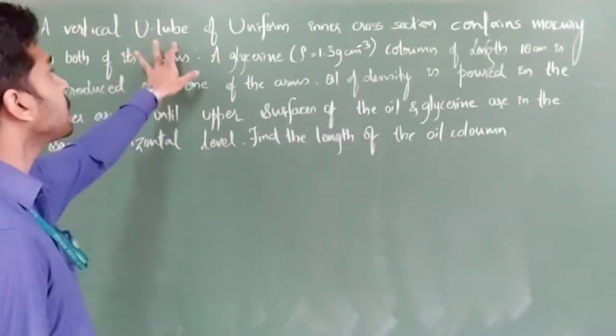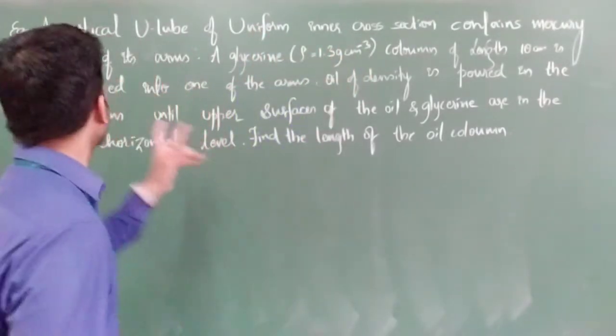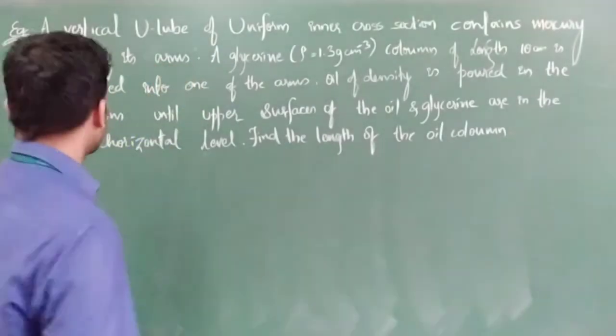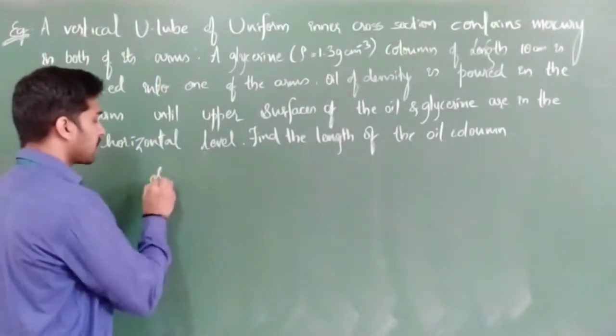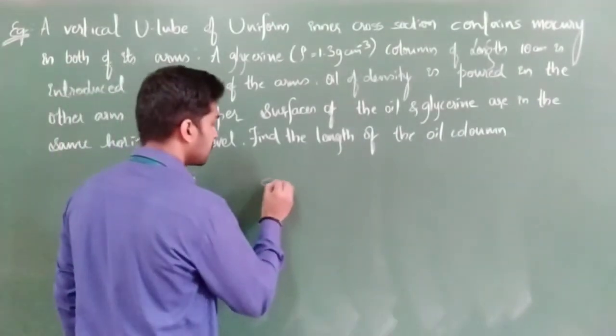A vertical U-tube of uniform inner cross section contains mercury in both of its arms. Clear? So let us go for the solution, the diagrammatic part.